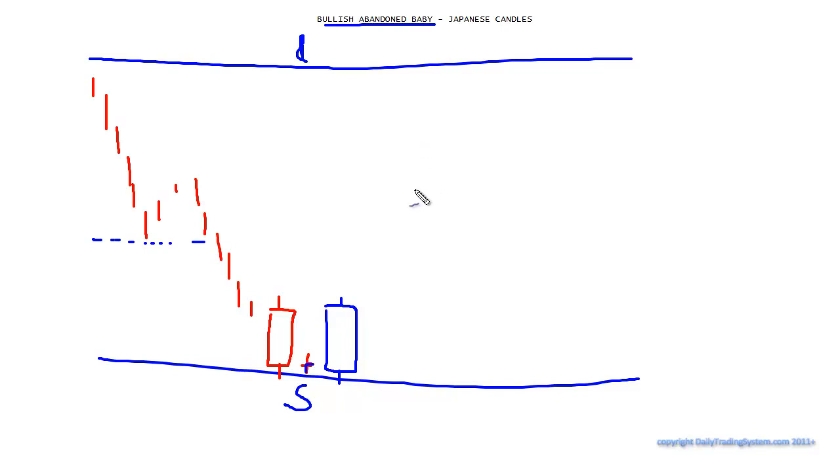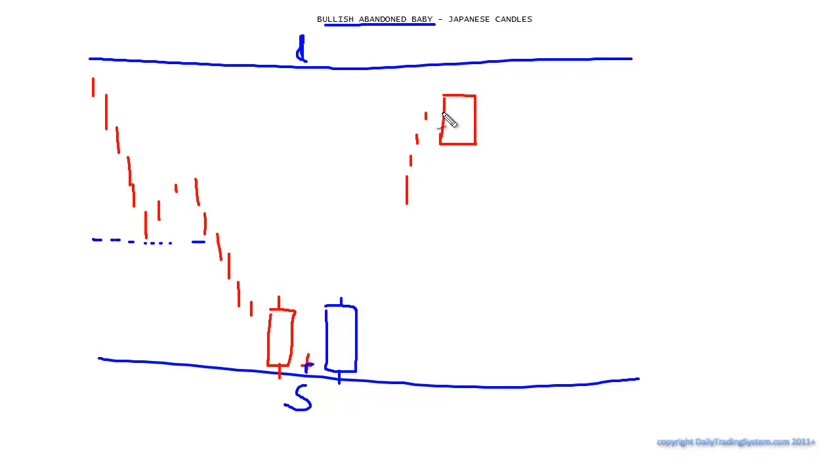So the way I've looked for bullish abandoned babies is that when I've seen the market come down, so let's say for instance, here the candles are going up. Excuse the colors at the moment, they don't bear any resemblance here, I'm just showing you the formation.